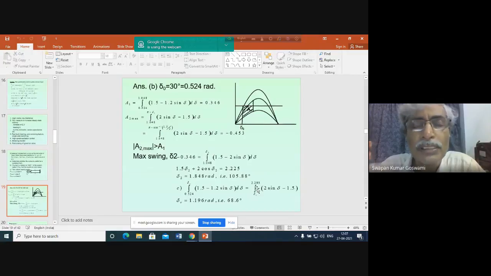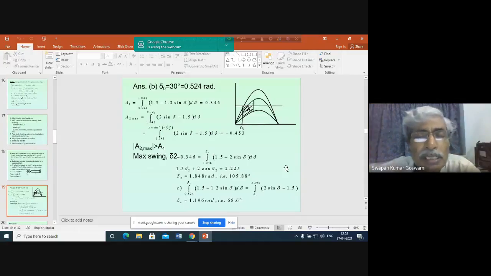We are not finding this in terms of time, rather in terms of angle. If you know other parameters, then obviously you can calculate the time also. So one thing you can understand from here: we can calculate some angle up to which we can allow the fault to be in the system.